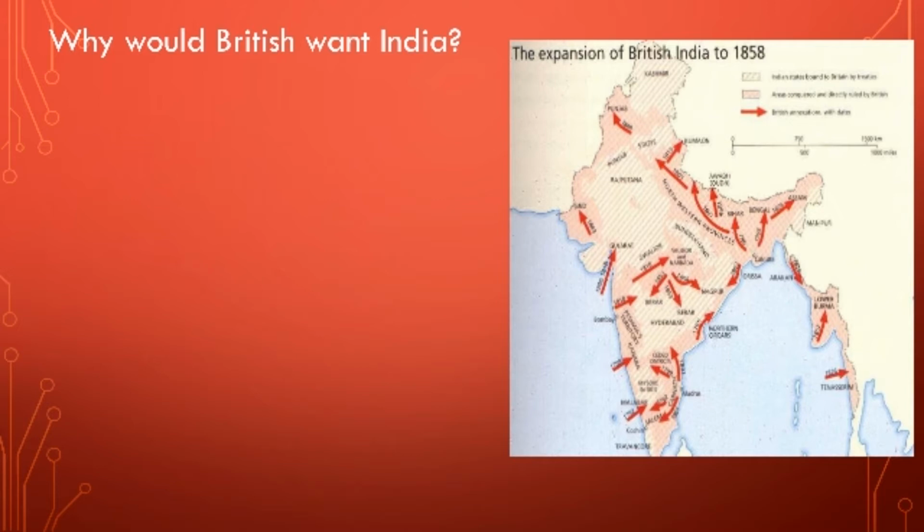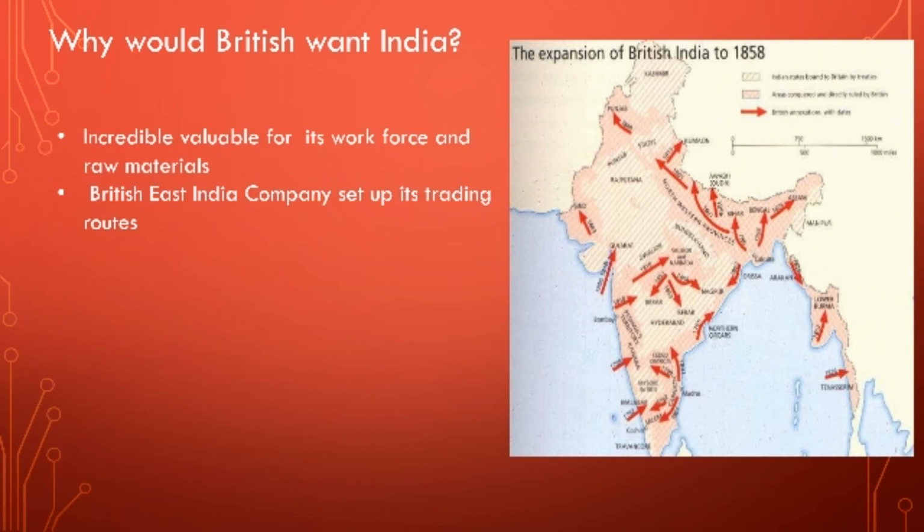Just like this, the British also came to the subcontinent because of trading. The British East India Company set up its trading routes. In this map, you can see the trading routes. India was incredibly valuable for its workforce and raw materials. As I told you, the workforce and the raw materials appealed to the British, and they started ruling over it.